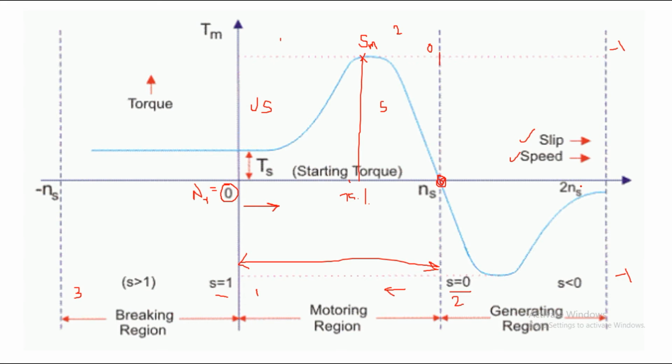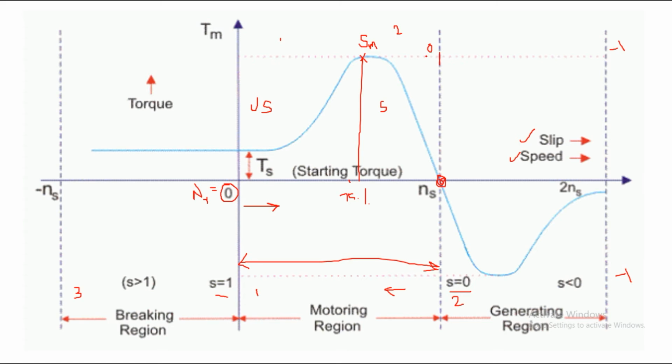Keep in mind we are going to have the same behavior that we have seen in the motoring region, but in the opposite direction. So we are having the same graph, but in the opposite direction. For motor we are having it in the positive half of the graph, and for generator we are having the same exact waveform in the negative half of the graph.